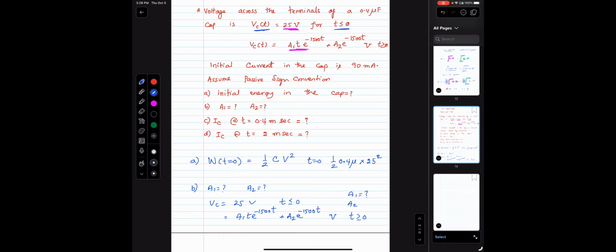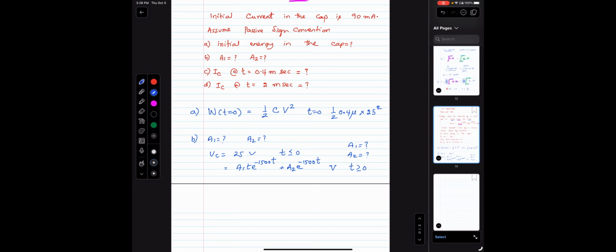What is the value of A2? How do we find that? We have not seen this kind of problem in the past. Well, we basically use our understanding of mathematics in a common sense manner.